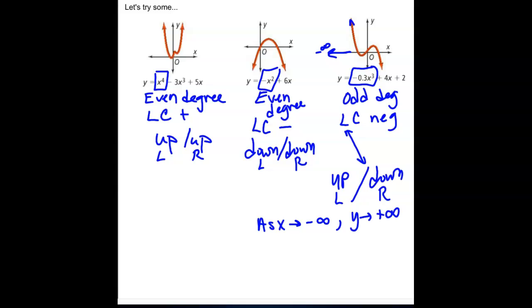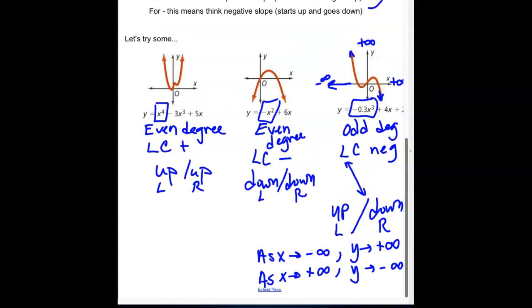So y is going towards positive infinity on the left. But as x approaches positive infinity, as we're moving farther to the right, now my graph is pointing down, so y, or f of x, is approaching negative infinity. Just another way of stating end behavior that you may see as you continue on in classes.